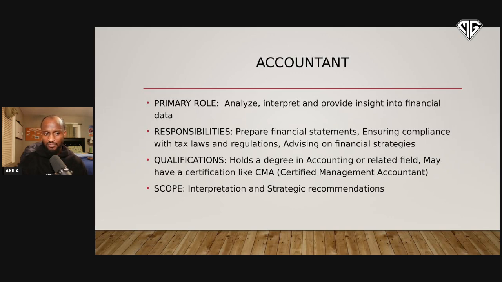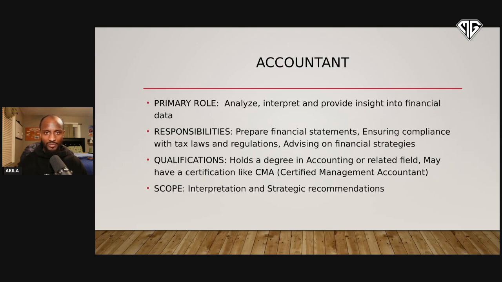From what I determined, the difference is that one does general accounting things, like if any average citizen needs their taxes done, you go to a CPA, and they'll do that.